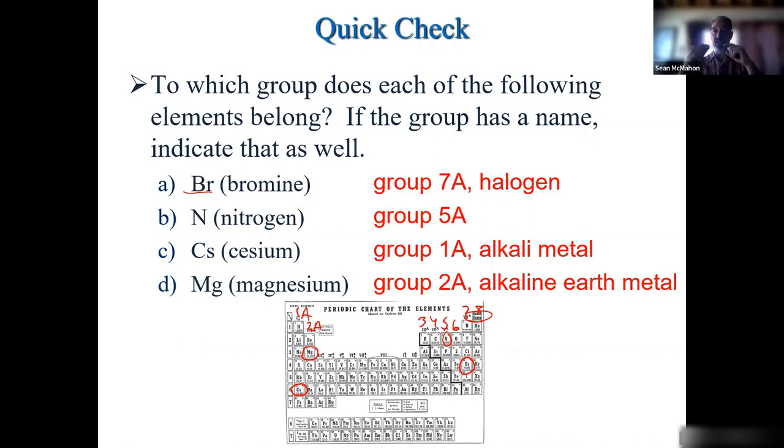So that's a way that you can quickly identify. I could also say, group 7A in period 4, what's the element? So I would go to period 4, go all the way to 7A right here, and I'd be like, oh, that's bromine. And then I would write the elemental symbol Br. Okay.